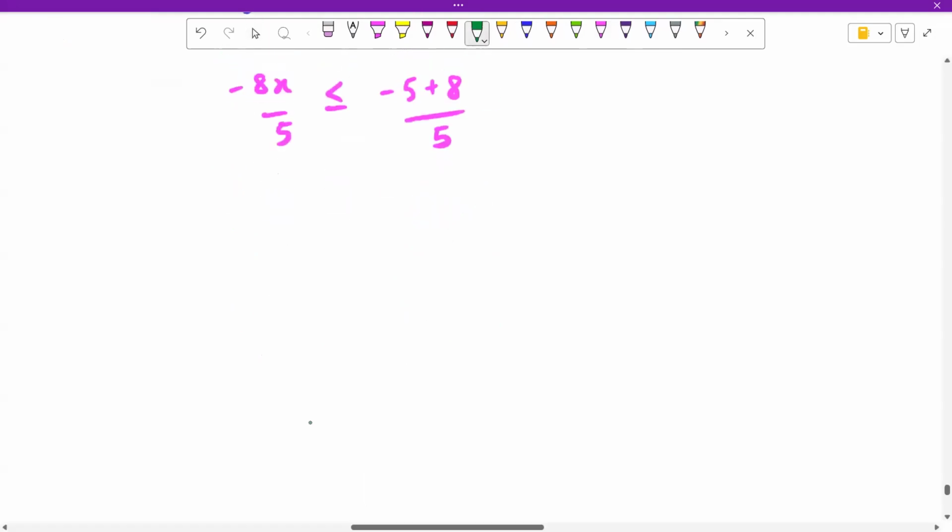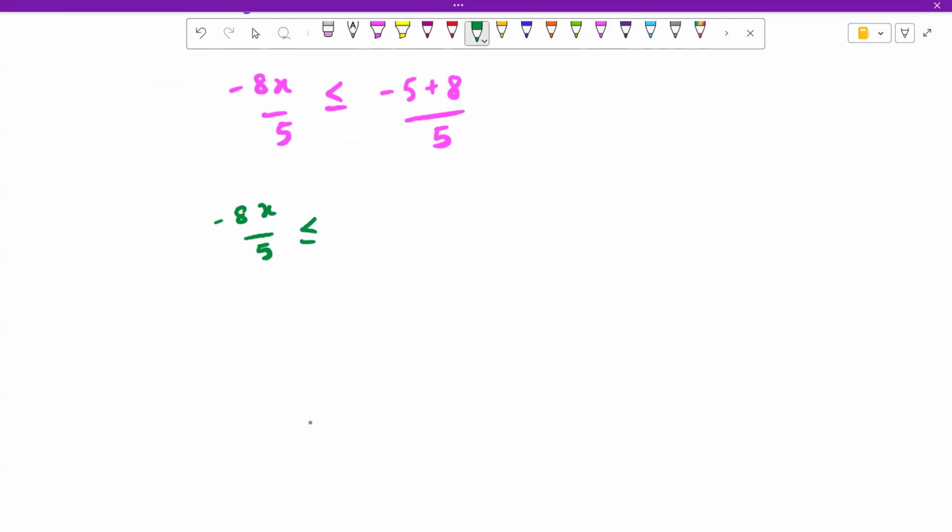We can isolate the variable. Is everything solved? No, not yet. What has to be solved here? Negative 5 plus 8 over 5.